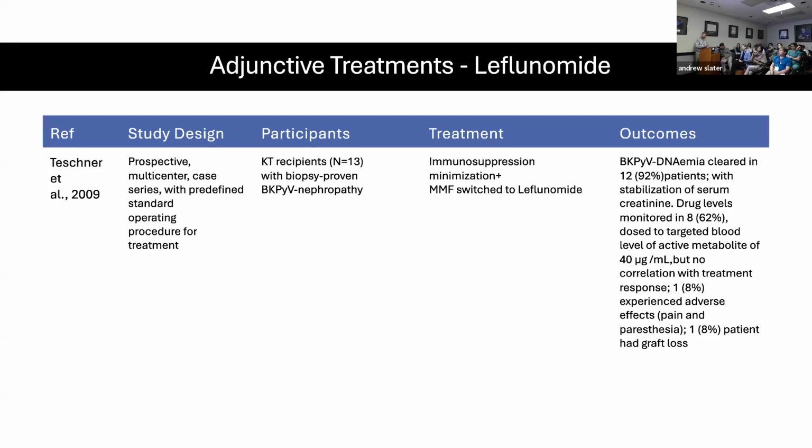Drug levels were monitored and dosed to a target concentration of about 40, but there was no correlation between drug concentration and treatment response. And then just 1 patient experienced adverse effects, probably attributed to the leflunomide, pain and paresthesia. And 1 patient had graft loss.